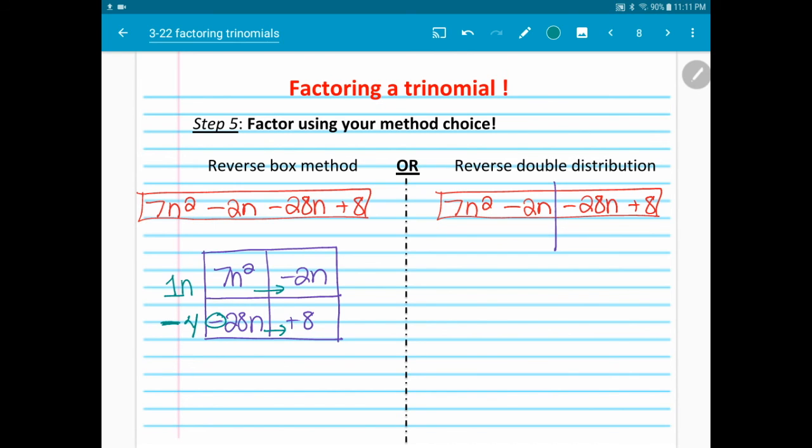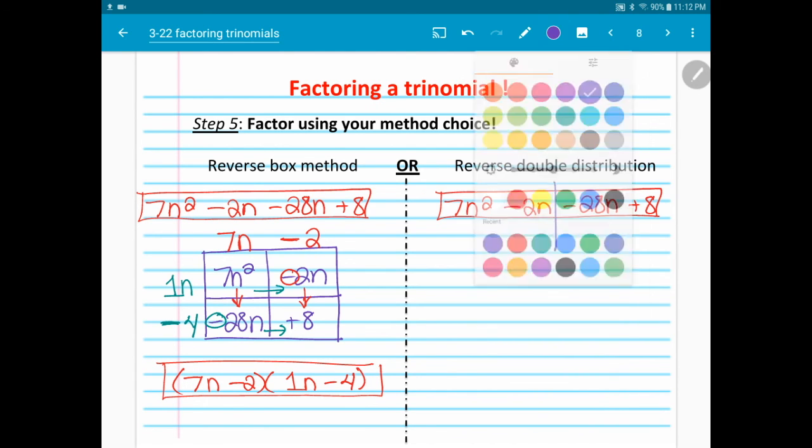Now let's go this way. 7 and 7, and again, I have that negative in front, so I'm going to take out that negative, and they both have a 2. So my binomial is going to be 7n minus 2. My other binomial is going to be 1n minus 4. That's my final answer.